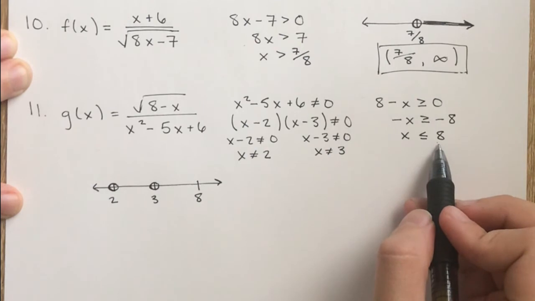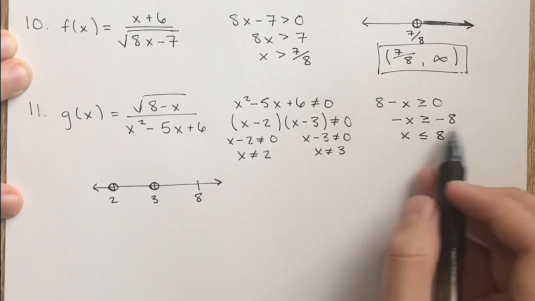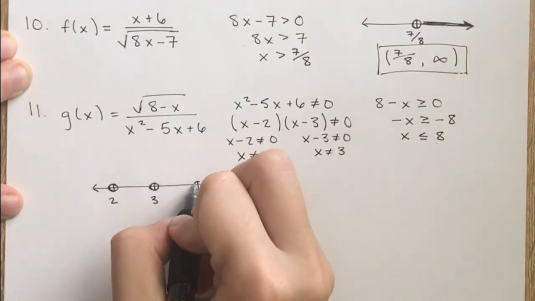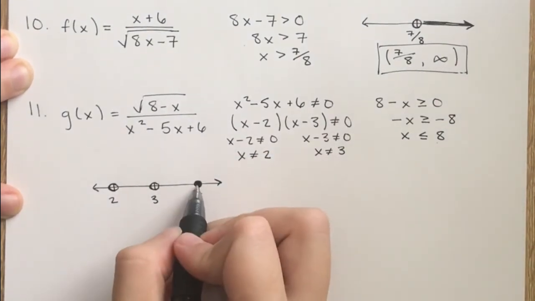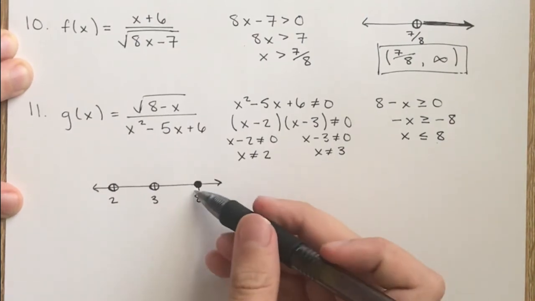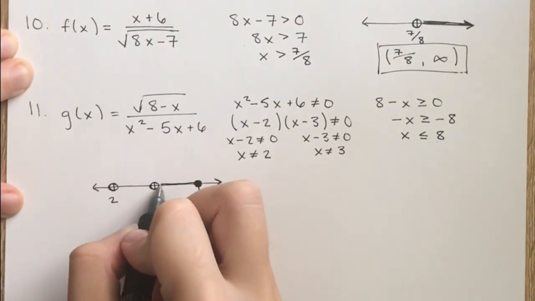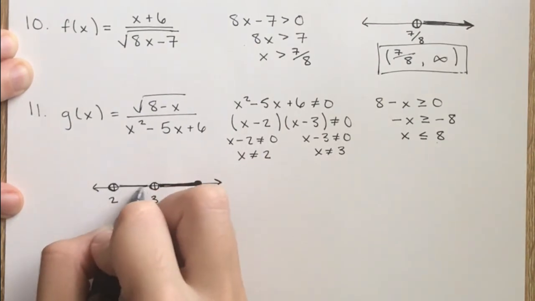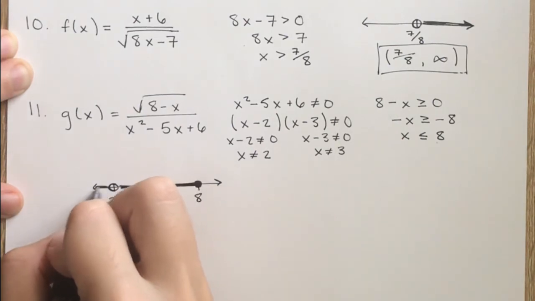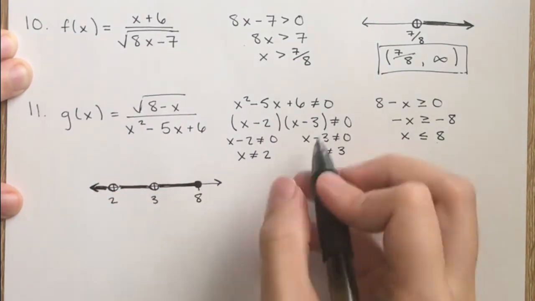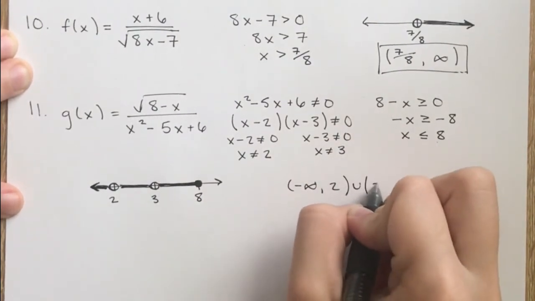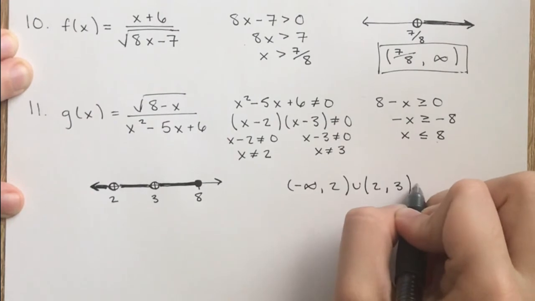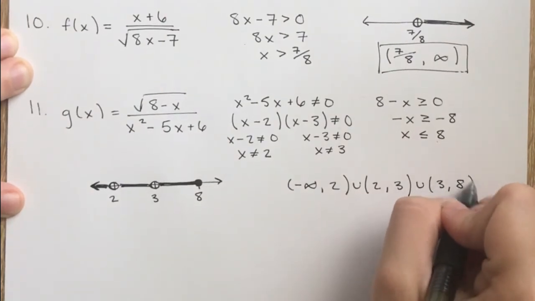And we want to be less than or equal to 8, so because we want to be equal to 8, we can shade it in. And then we want to shade everything less than 8. So shading to the left, not including 3, not including 2, and continuing to negative infinity. We get negative infinity to 2, 2 to 3, and then 3 to 8.